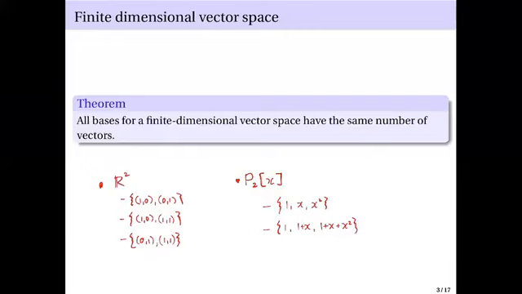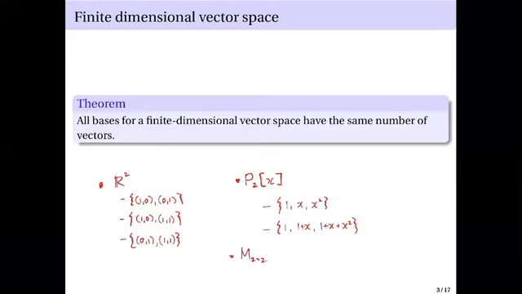You can also use your space of matrices. If you have n by n matrices, then the number of elements in a basis of the space of n by n matrices is n squared. Maybe let's write that. For example, let us consider M22.